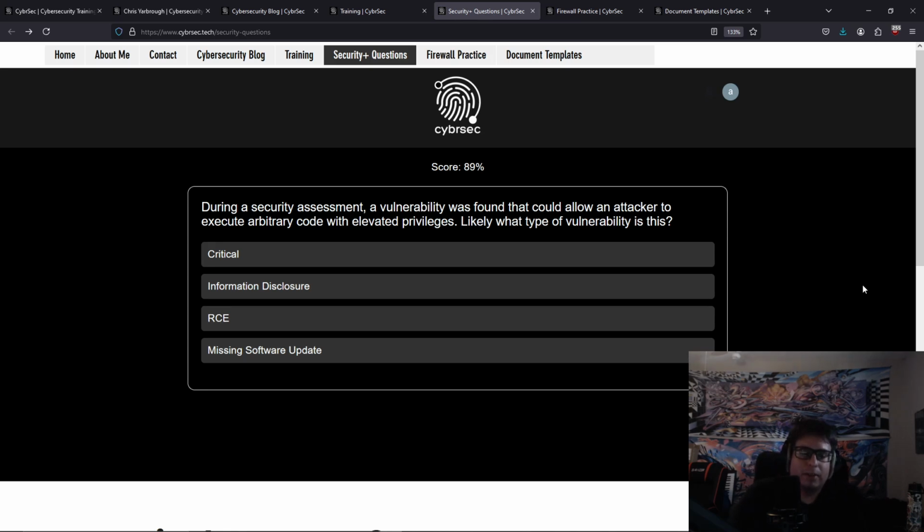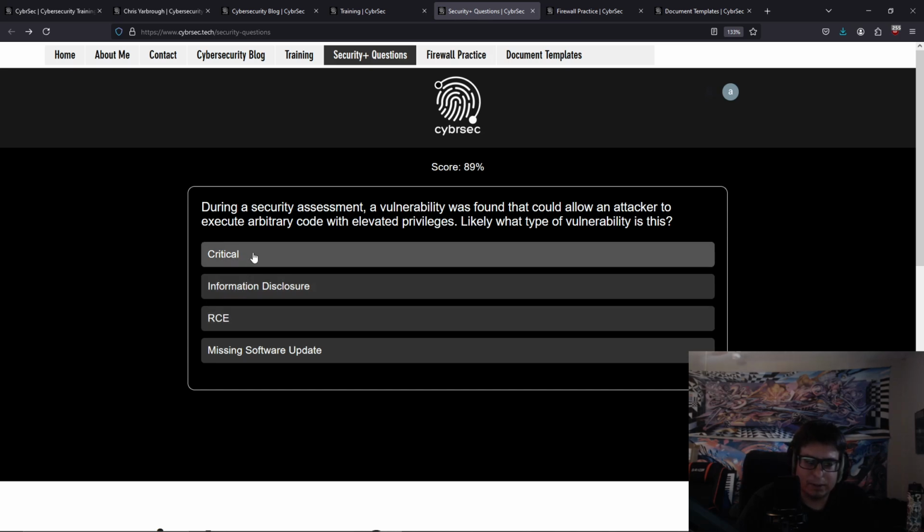During a security assessment, a vulnerability was found that could allow an attacker to execute arbitrary code with elevated privileges. Likely, what type of vulnerability is this? I forget what RCE is.